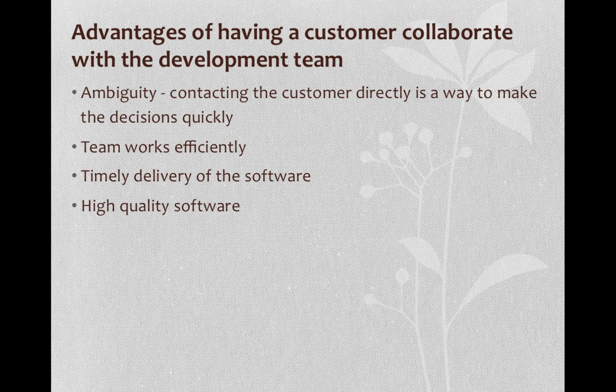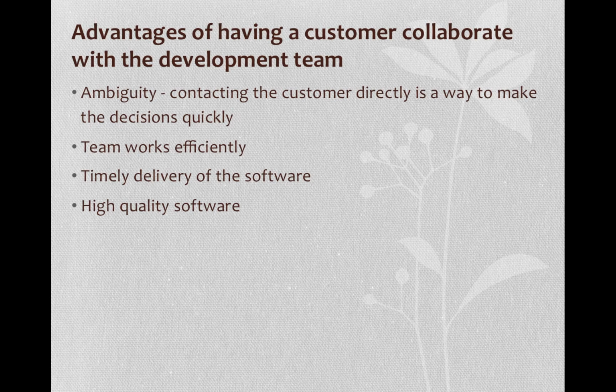Next we'll see what the advantages are of having a customer collaborate with the development team. There is always ambiguity, so contacting the customer directly is a way to make decisions as quickly as possible. So there is no delay in the deliverables.